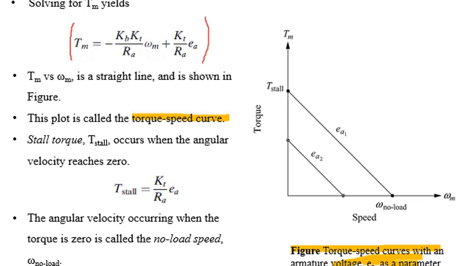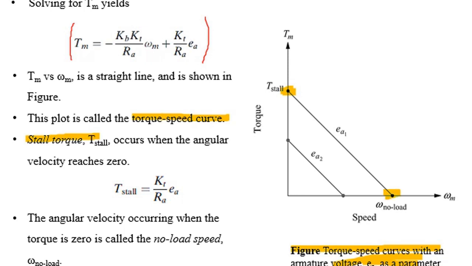In the first equation of the slide, maximum torque or stall torque will occur if angular velocity is equal to 0, which means the system will apply maximum torque to rotate the motor, but due to limitations it will not move, and this torque is known as stall torque.